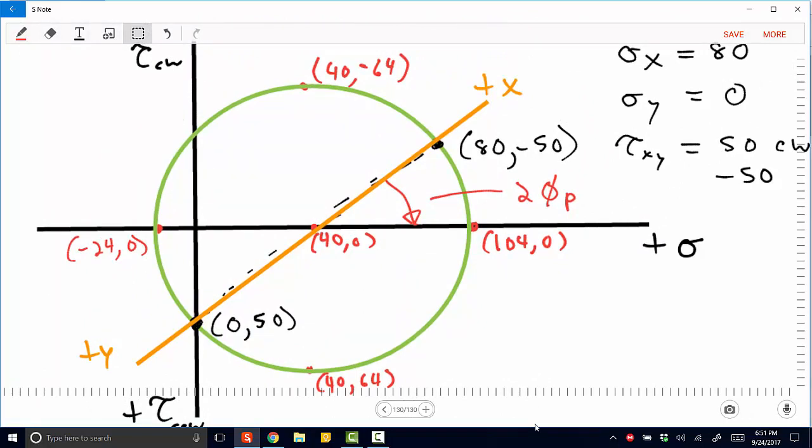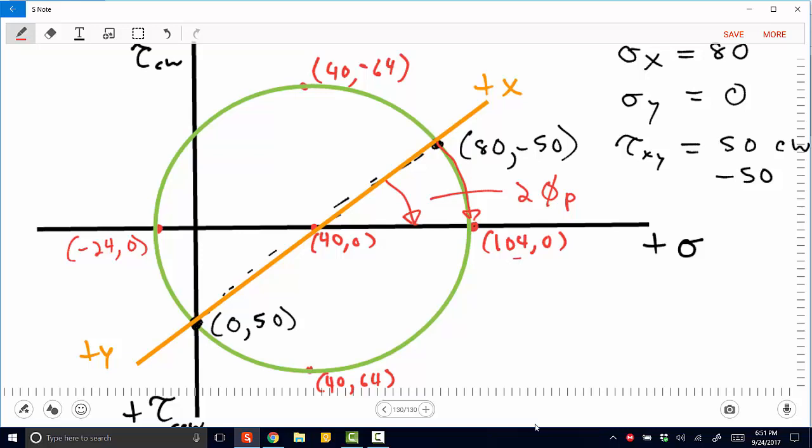We know that the angle between the positive x-axis and the principal direction is 2 phi p, right? And if we're rotating from here to here, that would be 2 phi p1 because we're approaching sigma 1, right?